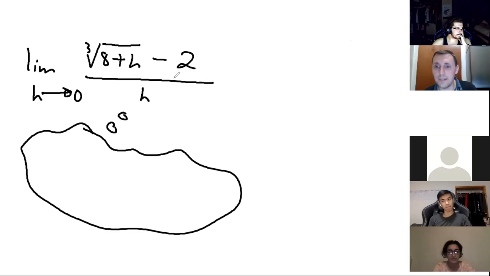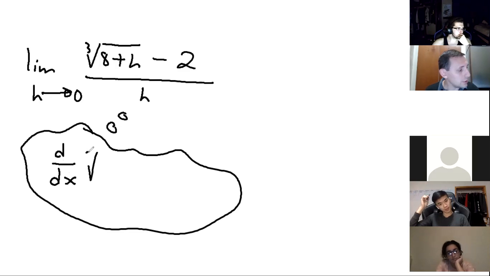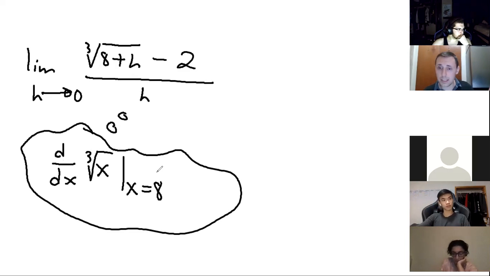Does that mean a definite no, or a definite yes? So this looks immediately to me like the derivative of the cube root of x evaluated at x equal to 8. That's immediately what I see.